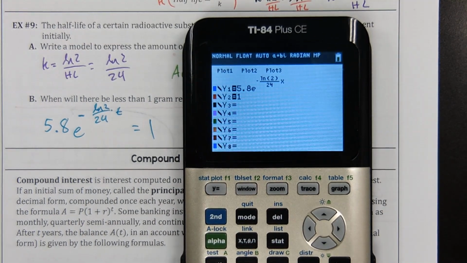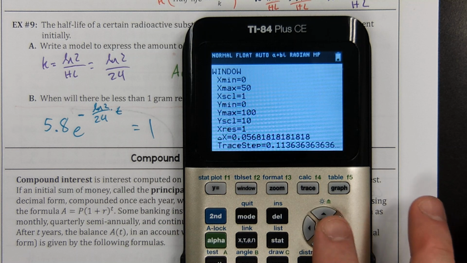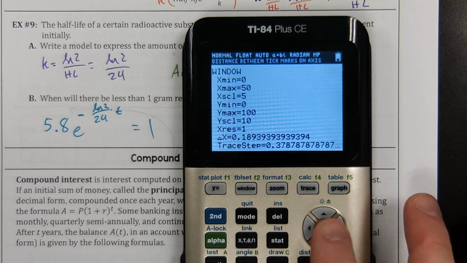Now, I have no idea how many years this is going to take. But radioactive stuff is pretty slow. So what do you think would be a good estimate for our window on the number of years? How big should our window get? 50? All right, window, 0 to 50. I don't want 50 tick marks.